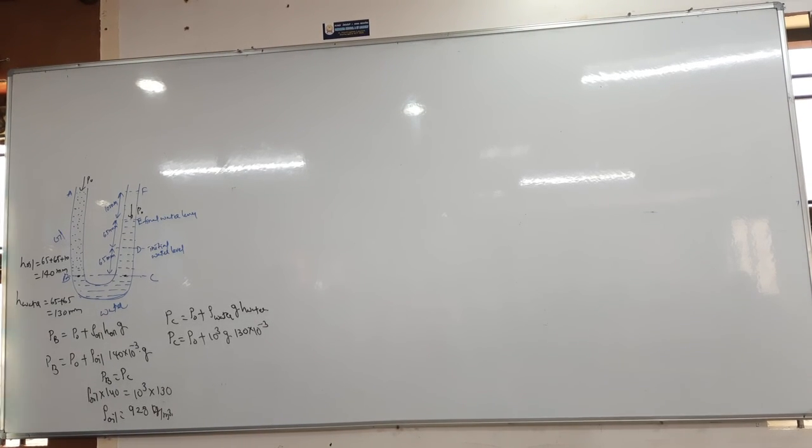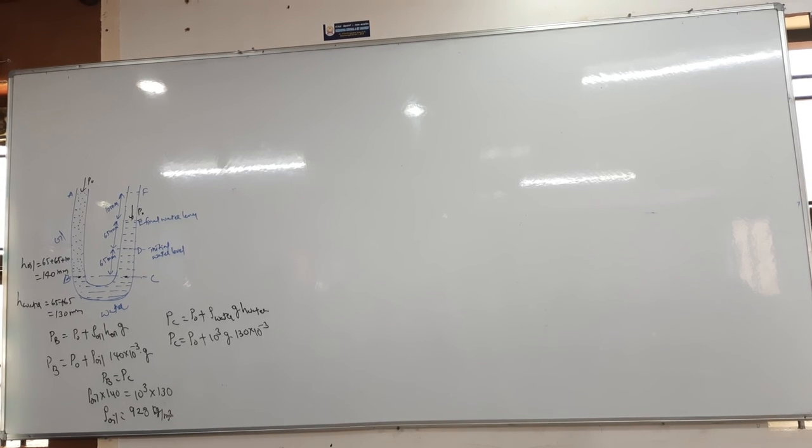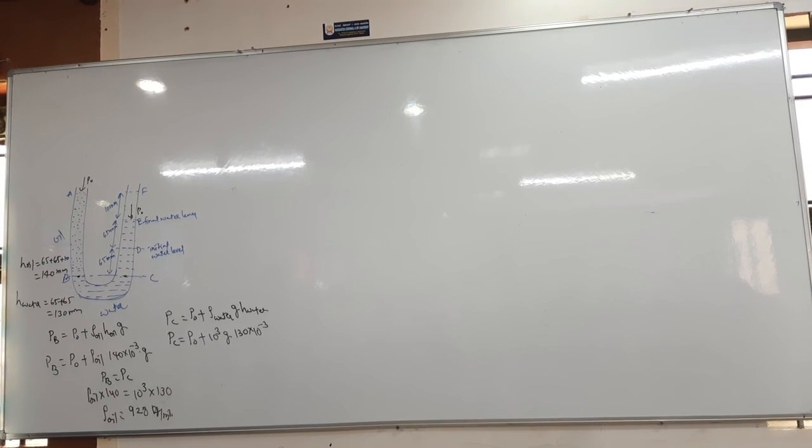The U-tube in the figure contains two different liquids in static equilibrium: water in the right arm and oil of unknown density rho x in the left arm.